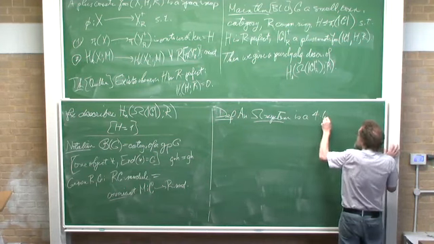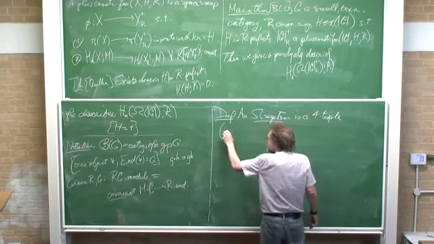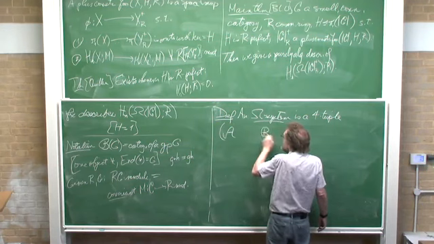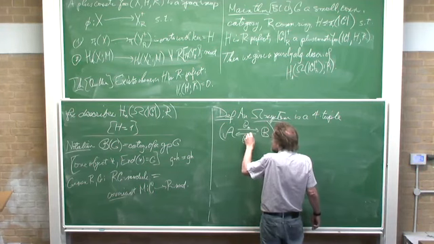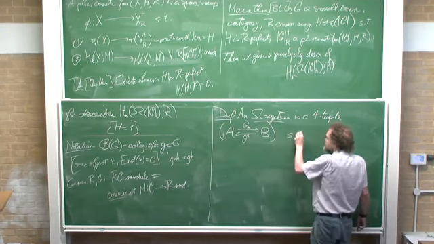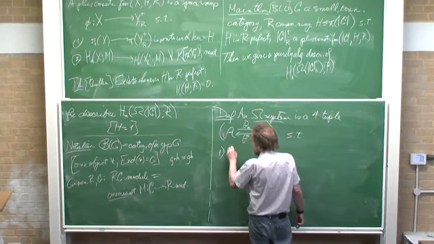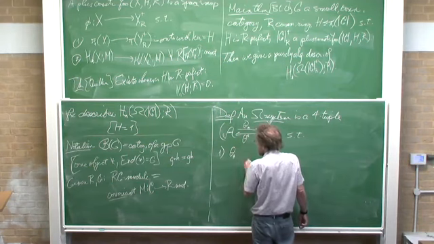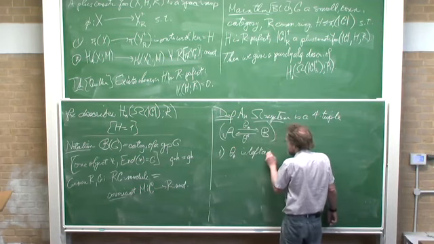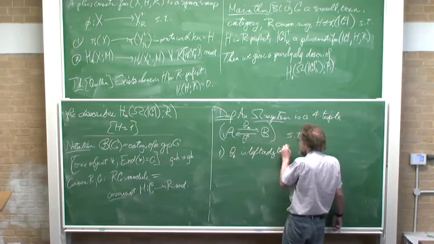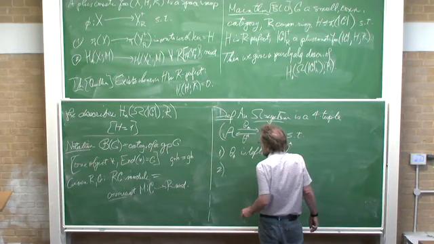It's a four-tuple consisting of a pair of categories and a pair of functors, where, first of all, theta lower star is left adjoint to theta upper star, and then the composite is the identity.